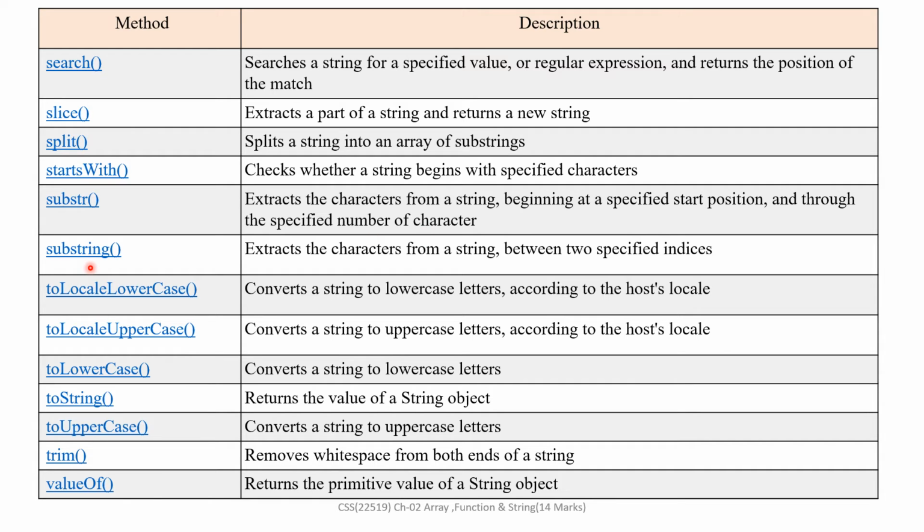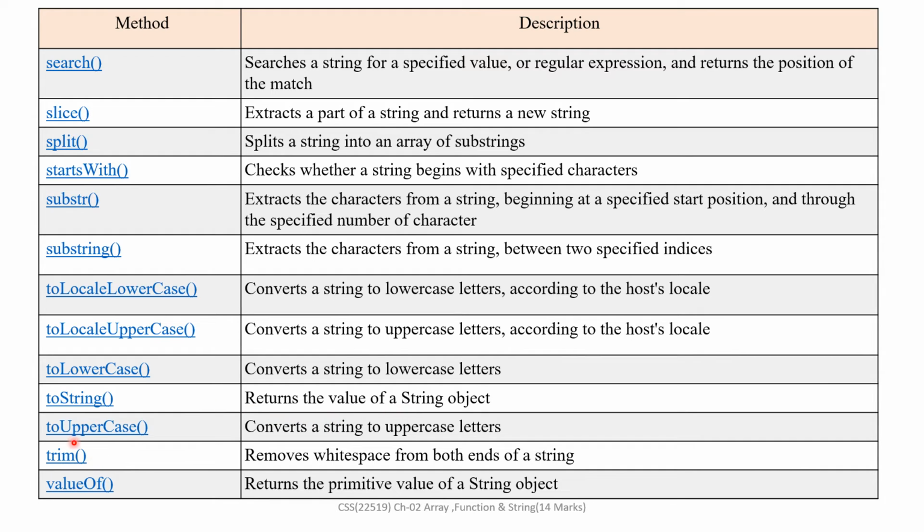Then next is substring. substring extracts the characters from a string between two specified indices. toLocaleLowerCase converts a string to lowercase letters according to the host locale. toLocaleUpperCase converts a string to uppercase letters according to the host locale. toLowerCase converts a string to lowercase letters. toString returns the value of a string object.